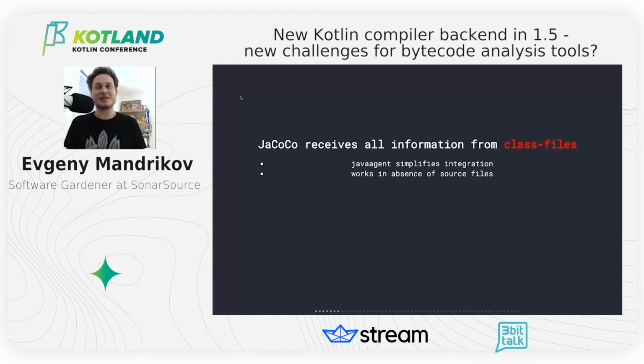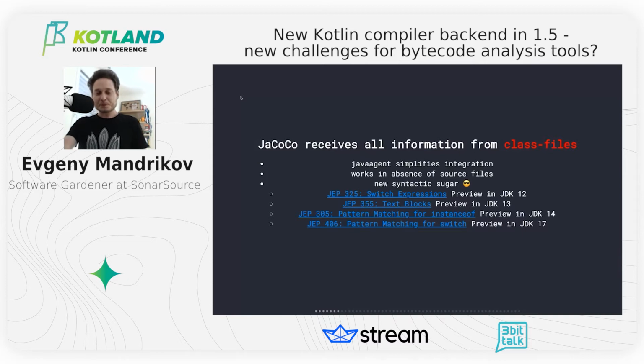You're not going to see information about exact source lines, but at least you would see which methods were executed and so on. Also, this allows us to quickly cover new syntactic sugar, constructions that appear in a language without actually changing the class files, which compile into the same constructions as many others that already existed in the language.